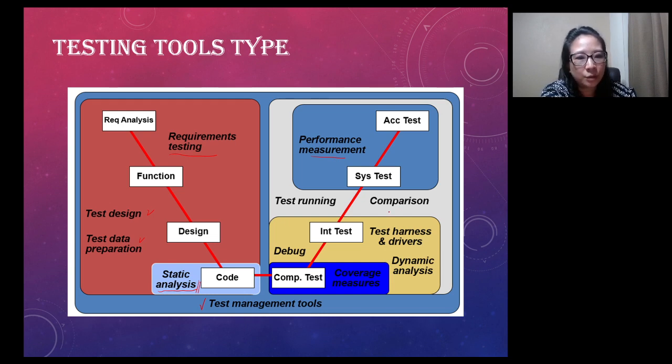And then we can also have test running comparison. For example, we already did the integration testing, then we did the system testing, and then we can compare whether the results of the integration testing and the system testing are the same or not. Instead of checking manually, we can do the comparison. And then in integration testing, if you still remember, we need harness and drivers to help us, because maybe some of the process or some of the algorithm is not there yet.